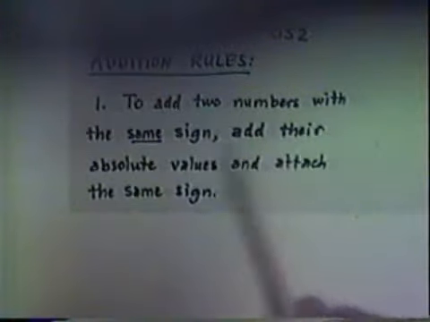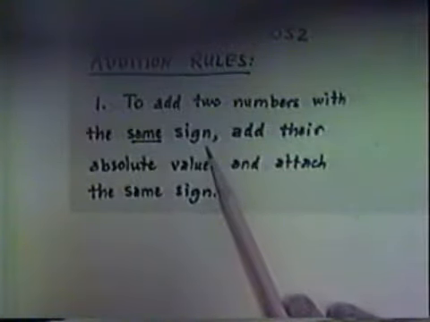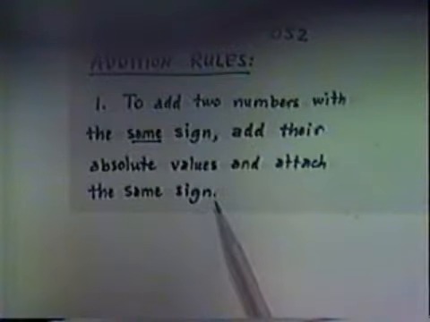To add two numbers with the same sign, add their absolute values and attach the same sign.